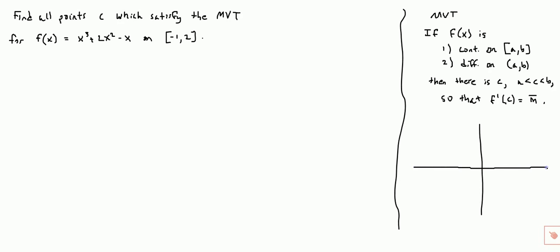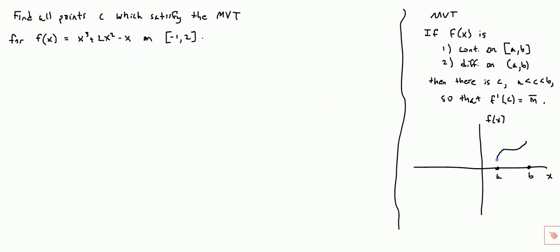So let's say that we have a function f of x, and this is a, this is b, and it looks something like this. This is continuous on [a, b] and it's differentiable on (a, b). First off, what's the average slope, M bar?